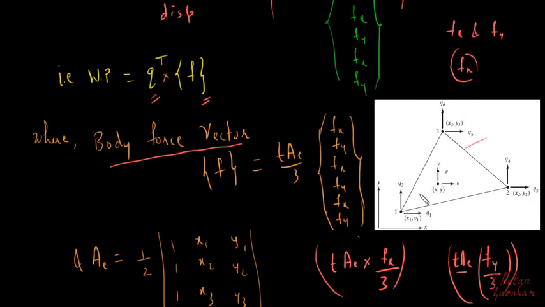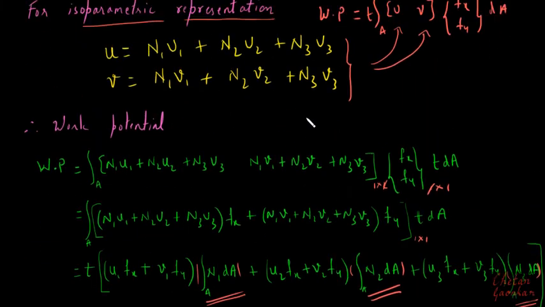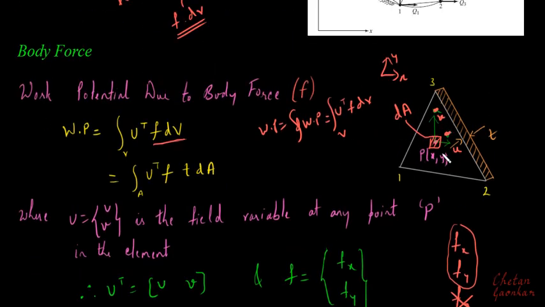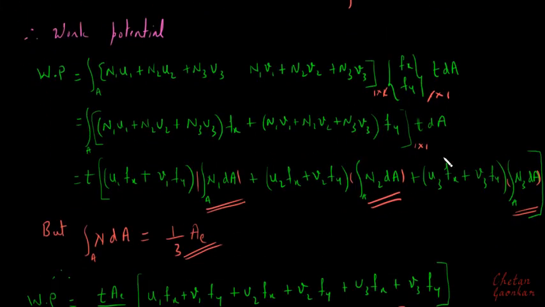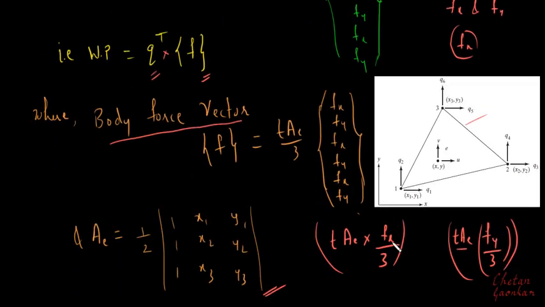The moment we solve some problems on it will be more clear, but for the time being, to summarize, what we have understood now is whenever a body is subjected to a body force, we have to divide that body force component by 3 and apply it at the three nodes. Of course, before applying, we have to multiply those body force components with its volume.